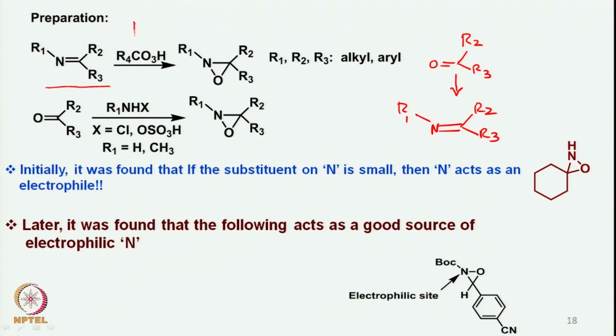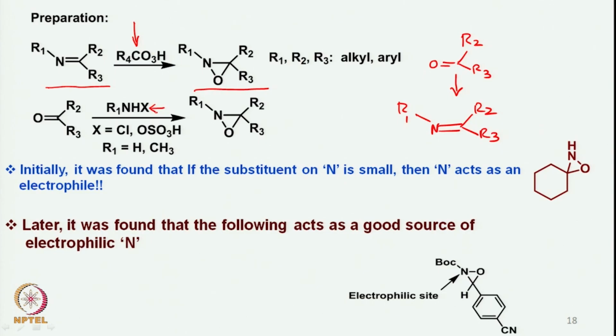So, any peracid such as metachloroperbenzoic acid, peracetic acid, or any other peracid, we can easily epoxidize this imine to form the corresponding oxaziridine. Otherwise, one can take on this nitrogen some sort of leaving group.